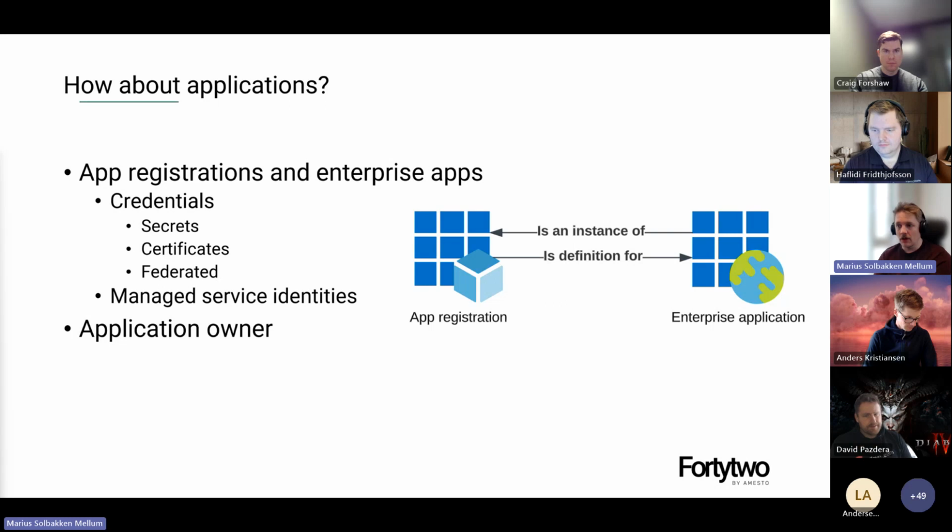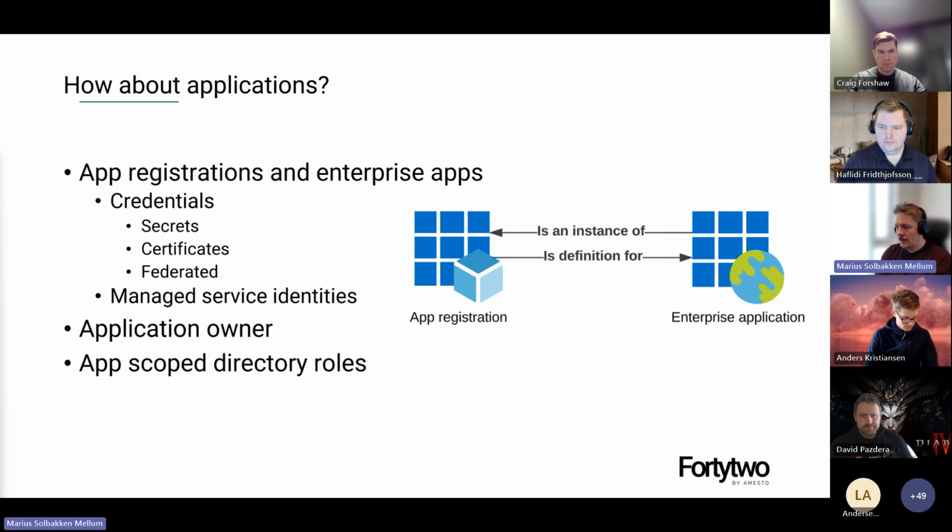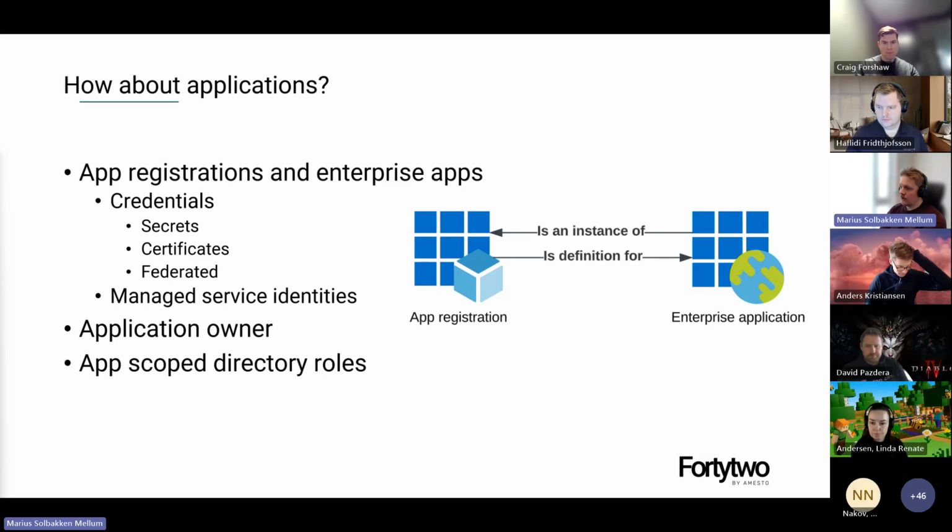And this is where things become a bit tricky for us trying to have a secure Entra ID, and a bit easier for the attackers. You also have app scoped directory roles. We have the application administrator role in Entra ID. When you have that at the tenant level, you can edit and add credentials to any app registration.